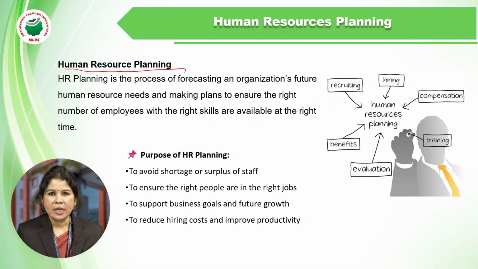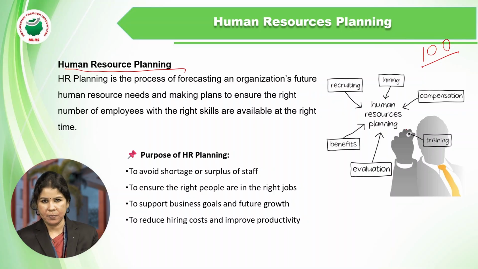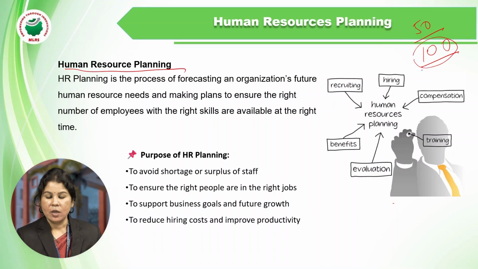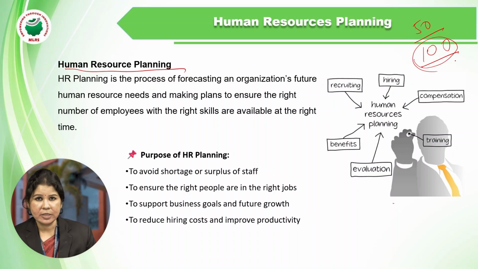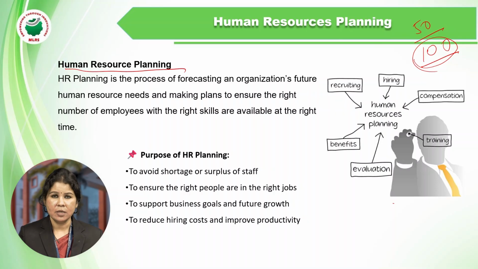Why do we need the right number of employees with the right skills? Suppose we have a requirement of 100 employees at all levels of the organization or in various departments, but here we have only 50 employees in the organization. So the deficiency is 50. If we run with only these 50 members, then people will be overburdened, right? People will be stressed and they can't give 100% productivity.